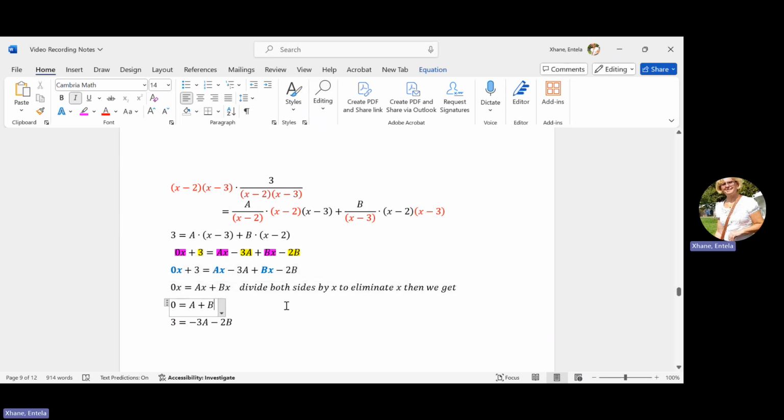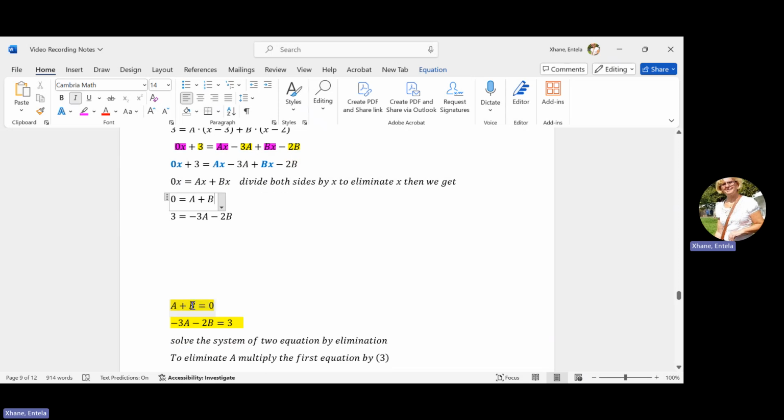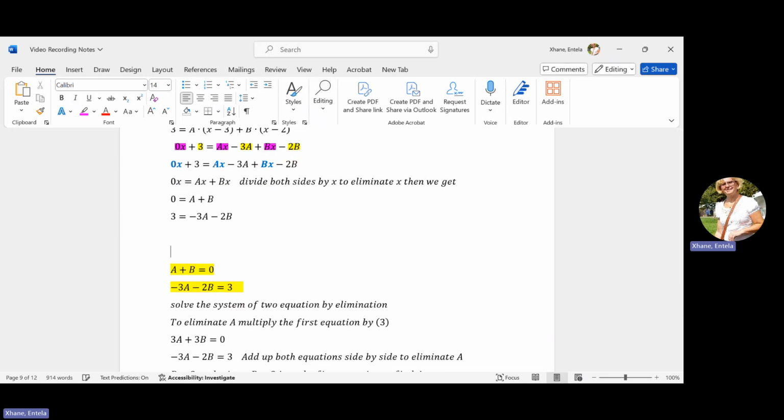So these are the purple terms. Coefficients are equal. And then we have the yellow terms. We have 3 equals negative 3a minus 2b. These are terms in yellow that have no variable. We call them constants. So the constant on the left-hand side is set equal to the constant on the right-hand side.